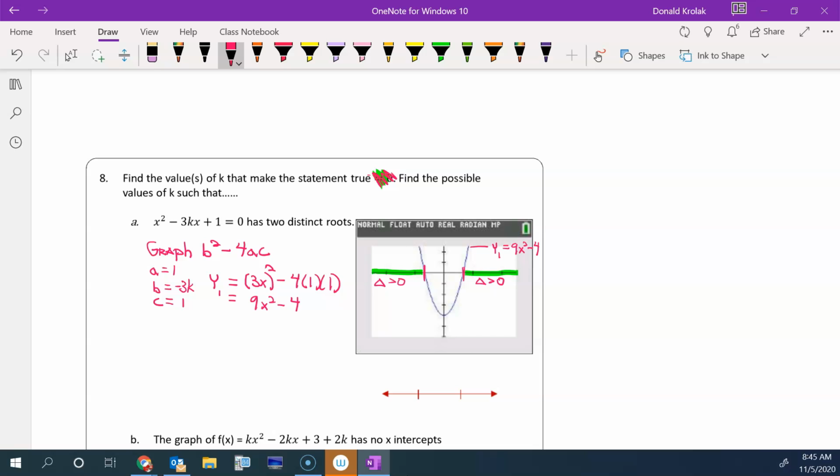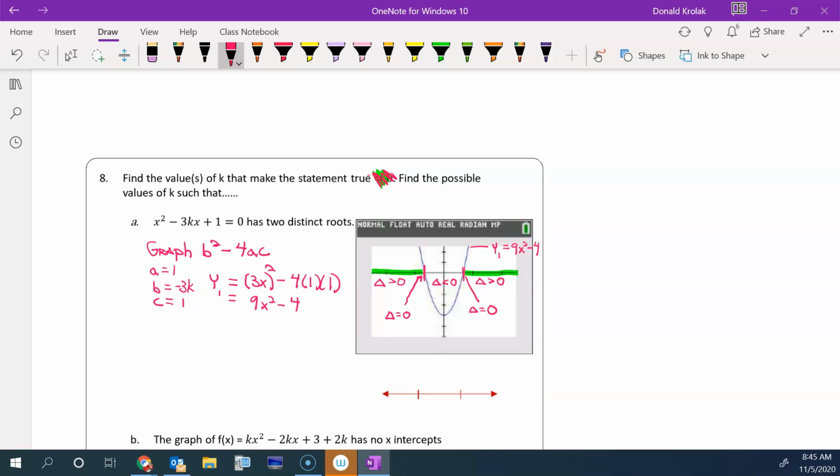And then in between, delta is negative. And then at each one of these, delta is 0 and delta is 0.